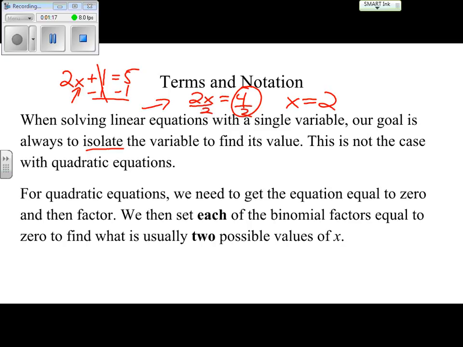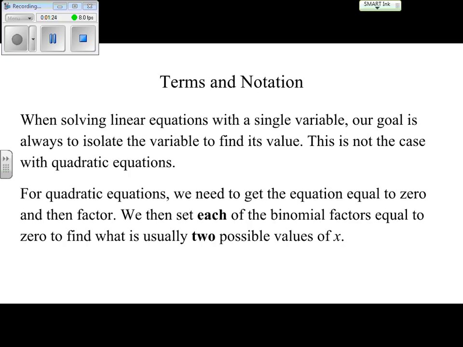Okay, now that is not the case when we deal with quadratic equations. So whatever techniques we've used there will not be the main overall theme for what we're doing here today. For quadratic equations, we needed to get the equation equal to 0. And then the next step is going to be factoring.